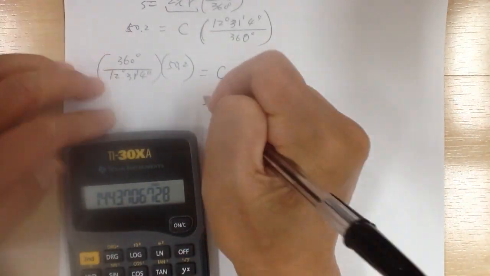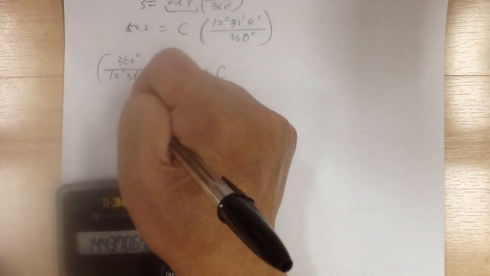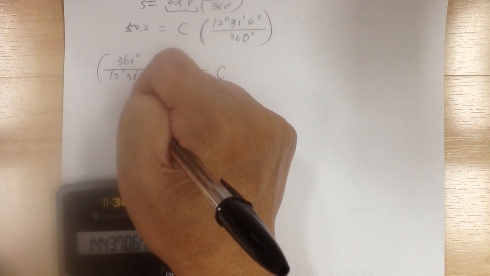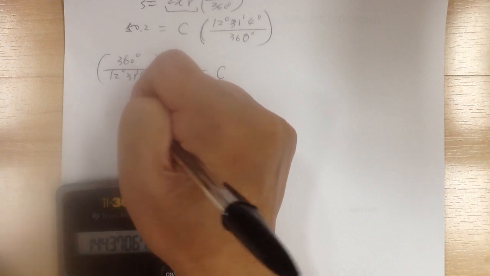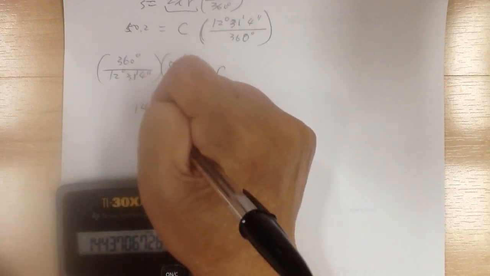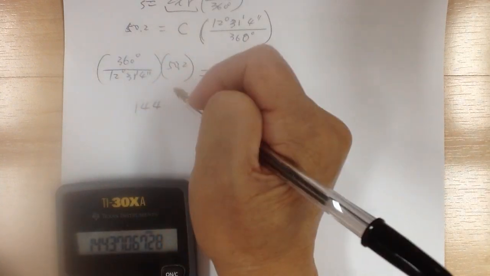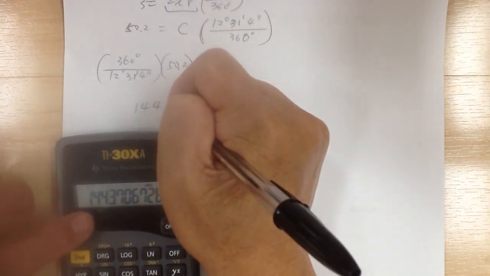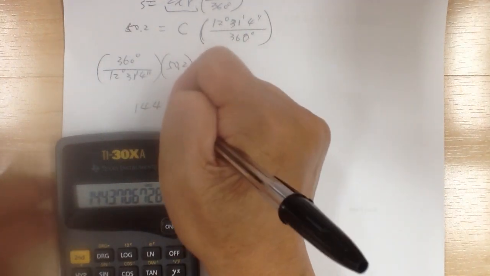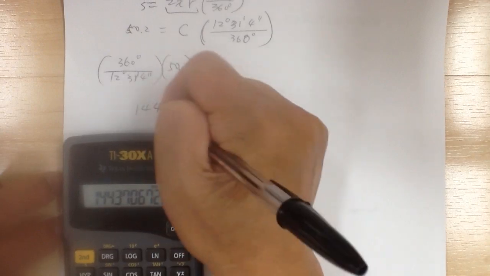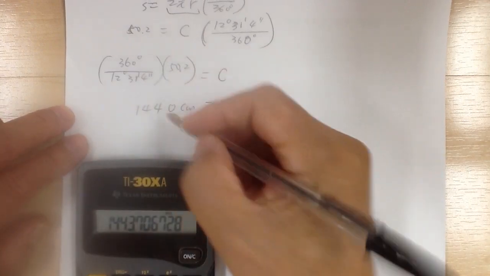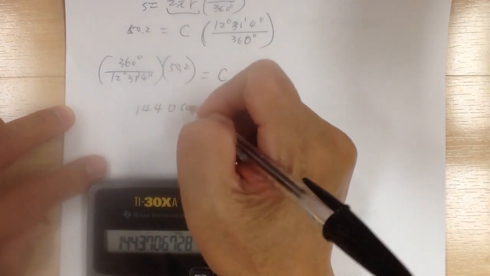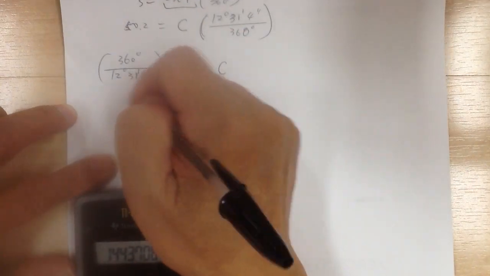So C will equal to, kind of big, 144.3, and let's see, rounding off to the nearest 10. So the 3 gets chopped off. Okay, and that's it.